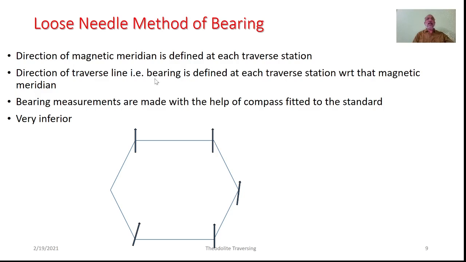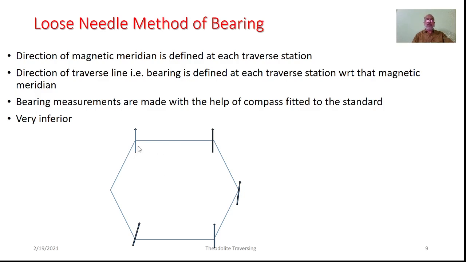So first thing, that is loose needle method of bearing. Here the direction of the magnetic meridian is defined at each traverse station. So the way you see, if we are dealing with this kind of a traverse, at each of these stations we'll be defining the magnetic meridian by making use of, say, prismatic compass, and accordingly, as bearing is defined at each traverse station, we'll be measuring the bearing with respect to each of that magnetic meridian.